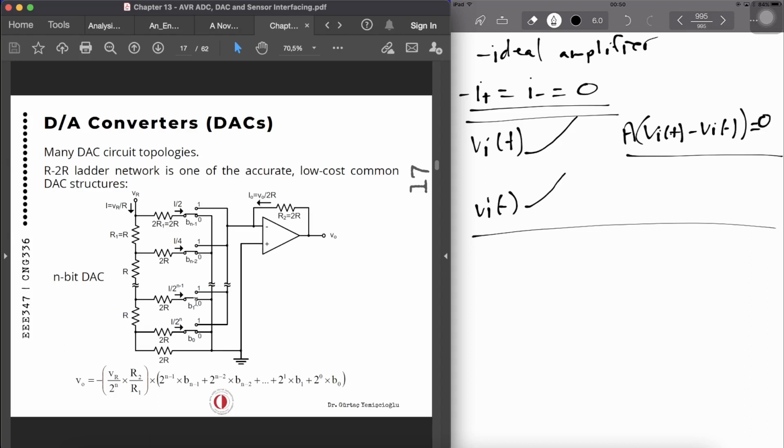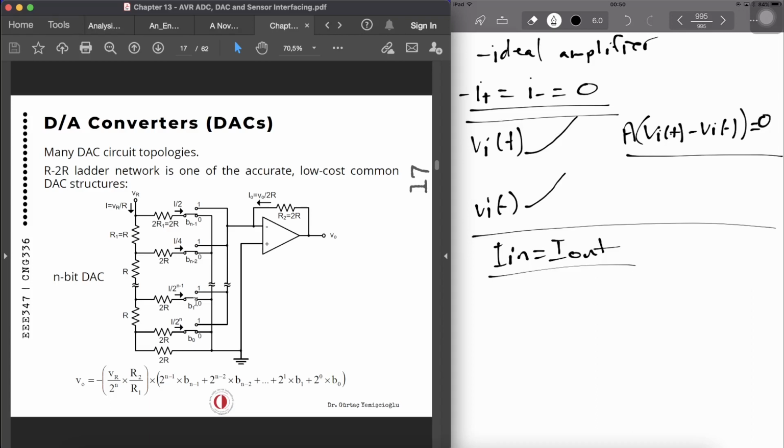Now, basically, by KCL, I in, I'll write it over here, I in will be equal to I out. That's what's going to be used for the rest of this analysis.